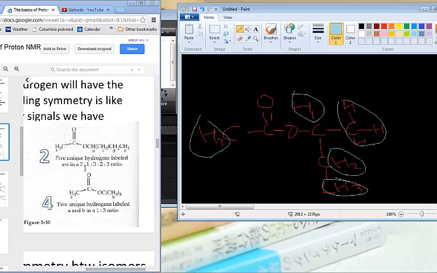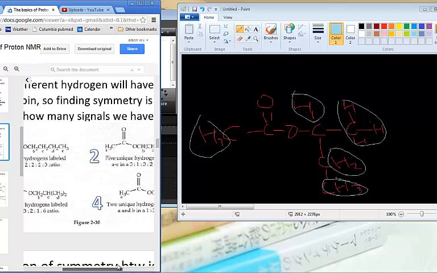That's why here we have a 3 to 1 to 3 to 2 to 3 ratio.